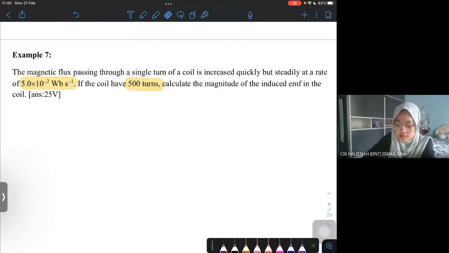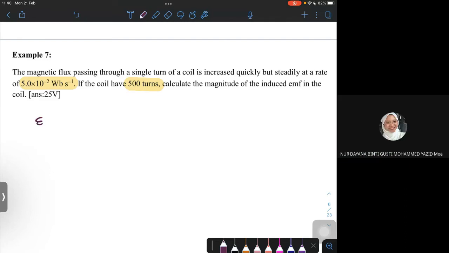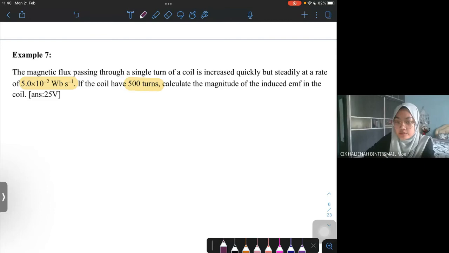No, it's not induced EMF. It is dΦ over dt. Actually betul lah juga induced EMF, but I want it to be specific. It is dΦ over dt.